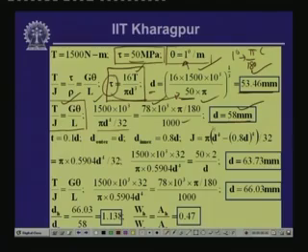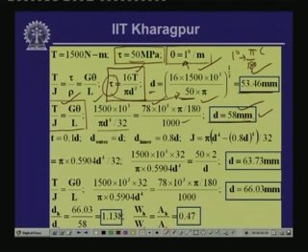If we select the lower diameter, it will satisfy the stress criteria but fail in rotation, and if we take the higher diameter, which is necessary for the twisting angle, then it will satisfy both criteria. Hence, the higher diameter is to be selected. So, the selected diameter in this case will be 58 millimeter.